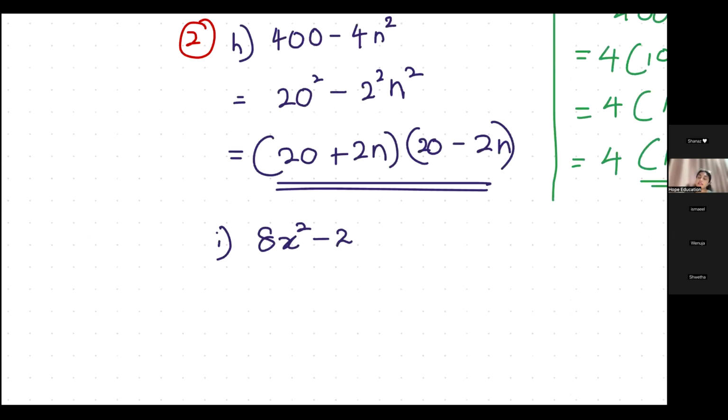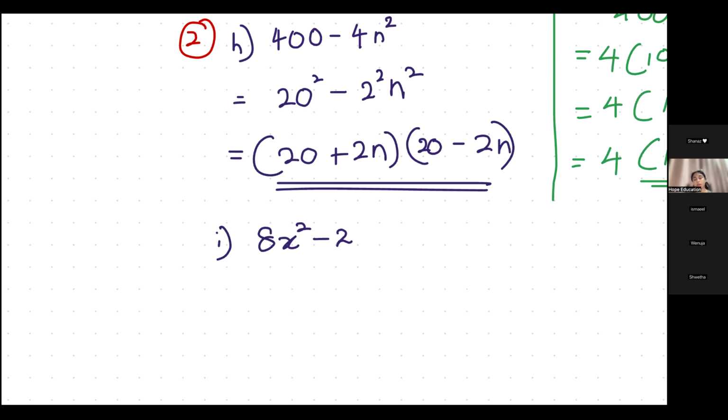Okay, coming back to this, 8 is not a square of anything. Is 2 a square of anything? Yes or no? No, 2 is not a square of anything.